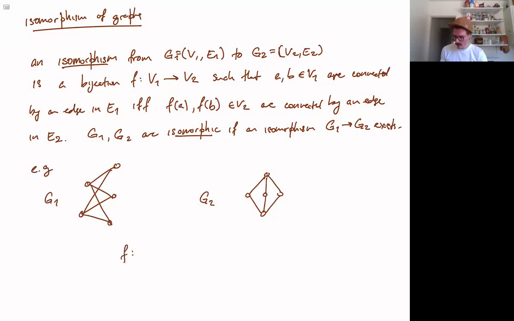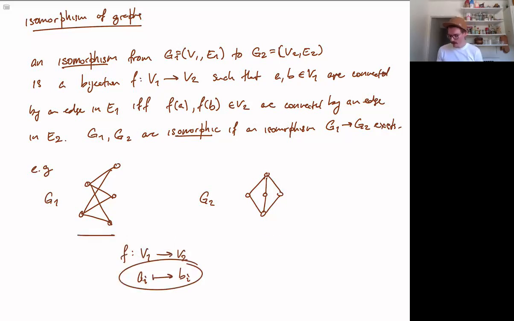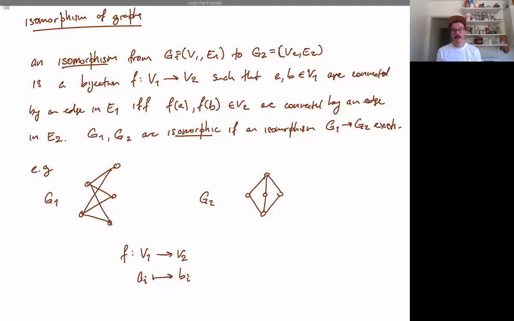So the function that sends, let me just write it like this. We're going to give an isomorphism sending vertices which we'll label by A's on the left-hand side and B's on the right-hand side. Also, just a quick note, I don't know if I've used this little footed arrow before, but it's just a way of distinguishing the arrow that means the map and the arrow that means the image of a particular element.